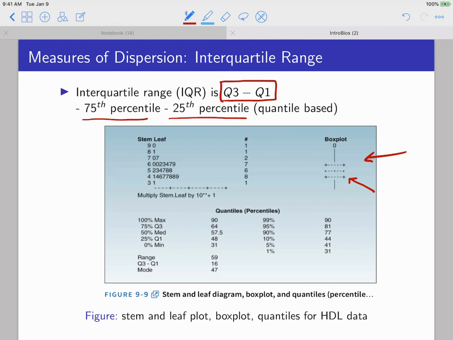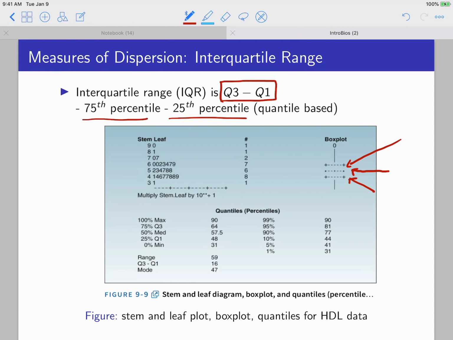Those two terms mean the exact same thing. What you have in the center here is the median, or the 50th percentile, or Q2. And what you have in the upper box would be the 75th percentile, or Q3, the third quartile.